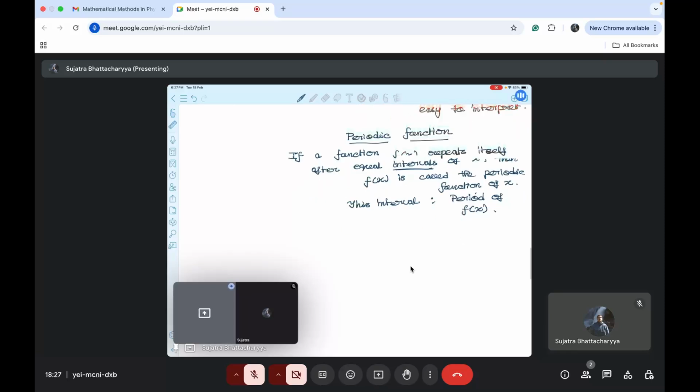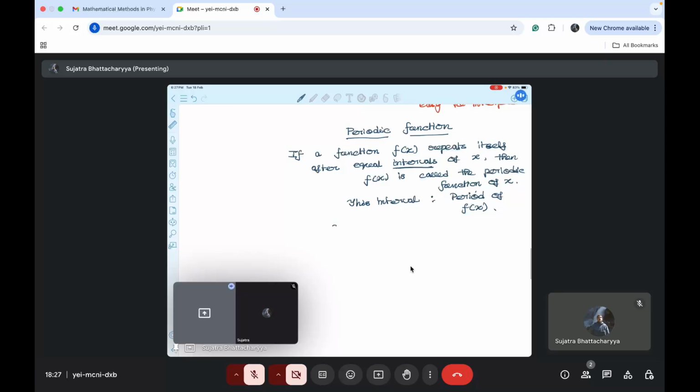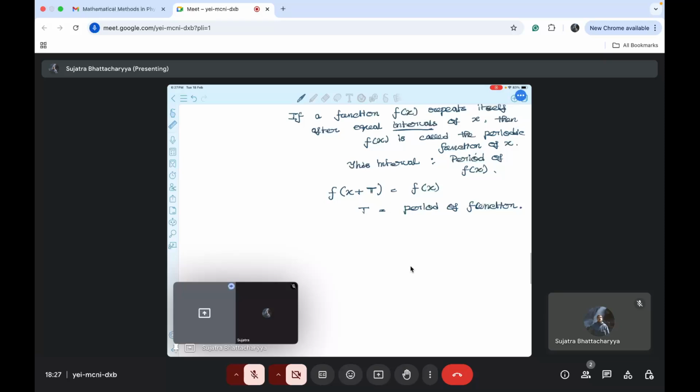Okay, so how to represent it mathematically? We are saying that f(x + T) will be equal to f(x), where T is the period of the function. All right. So this is what a periodic function looks like.